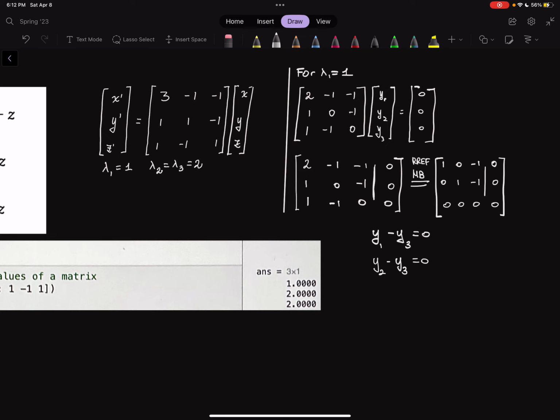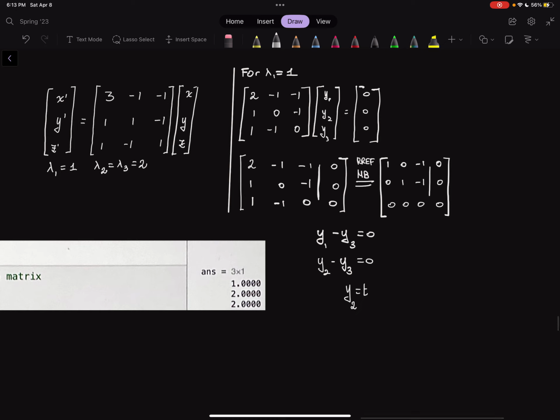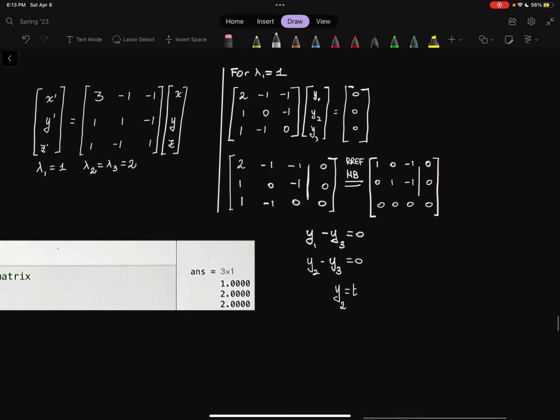And we don't have y2 by itself. So let's say that y2 is equal to t. If y2 is equal to t, then y3 is equal to t as well, because I'm just saying y2 is equal to y3, but y2 is t, so y3 is also t.